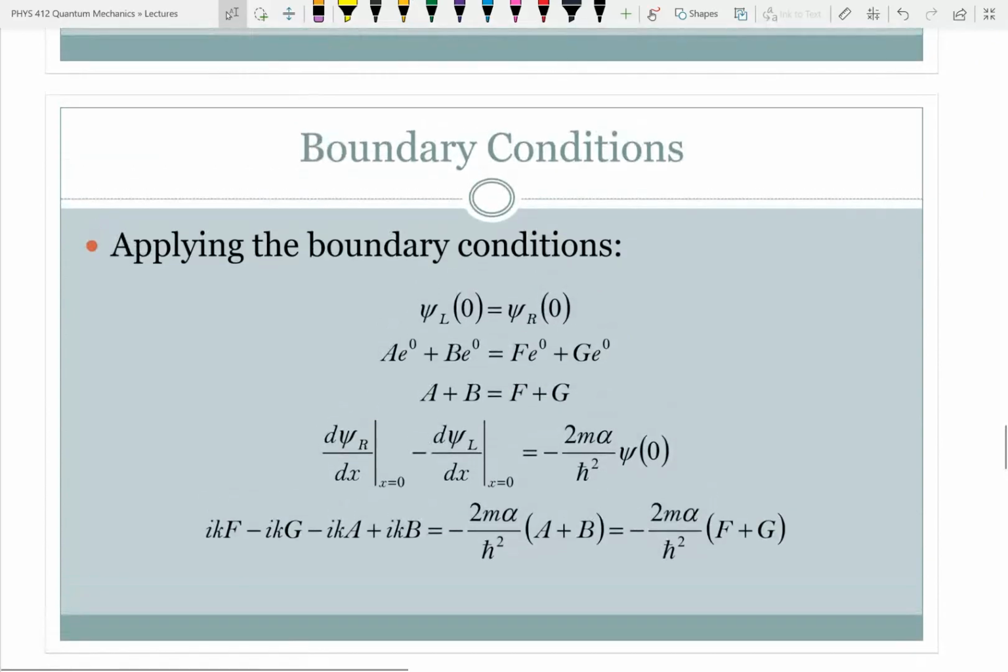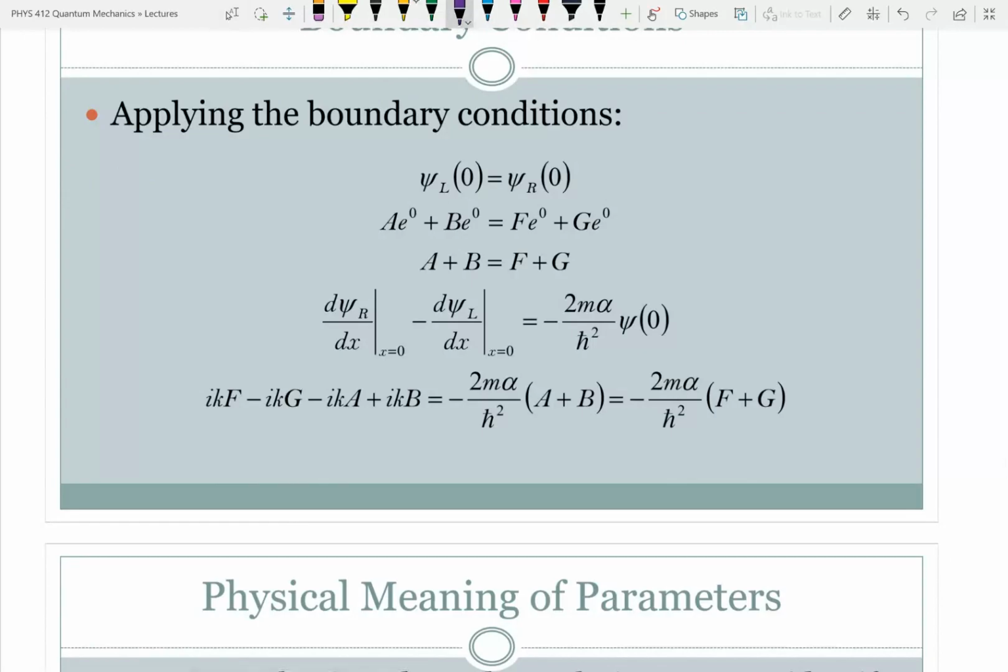Okay, so we now go on to applying the boundary conditions. At the boundary, at x equals 0, it's continuous, so A plus B equals F plus G. Then the slope is not continuous.